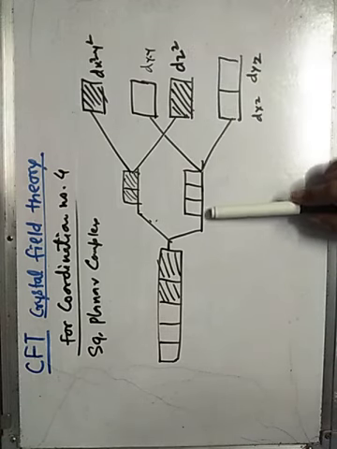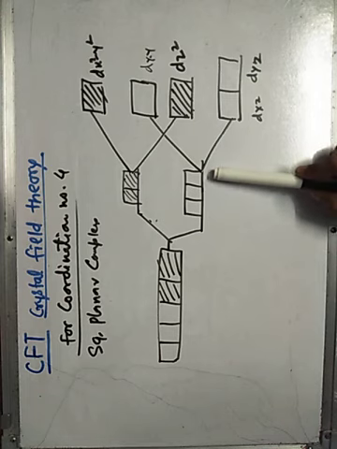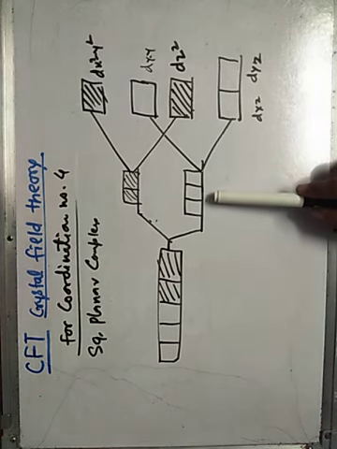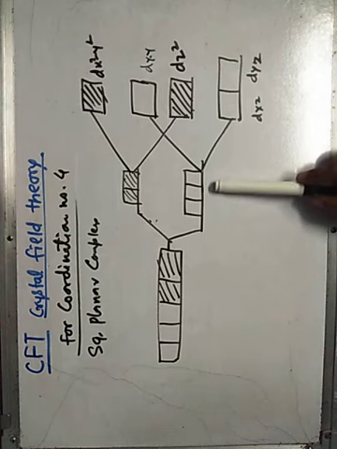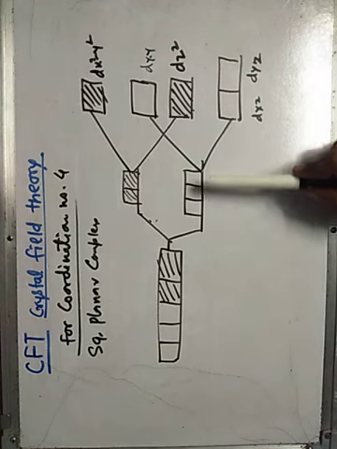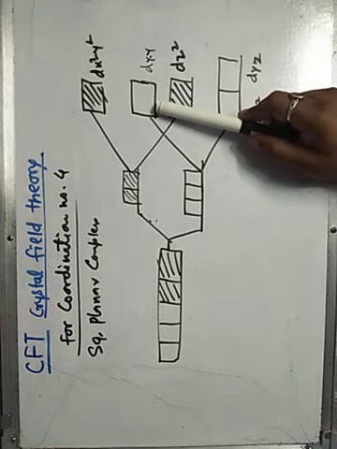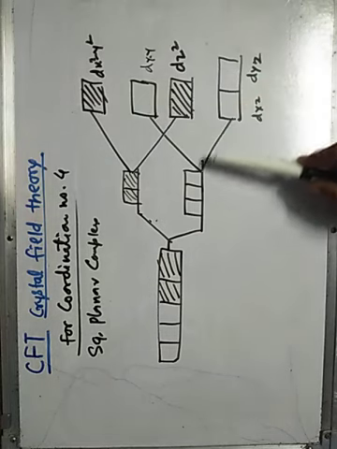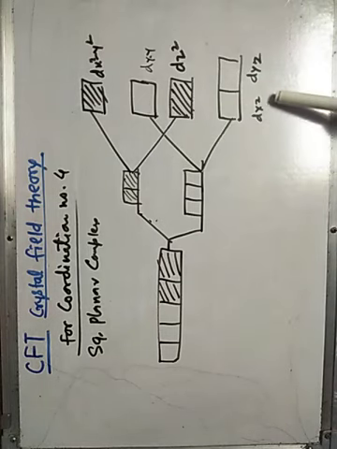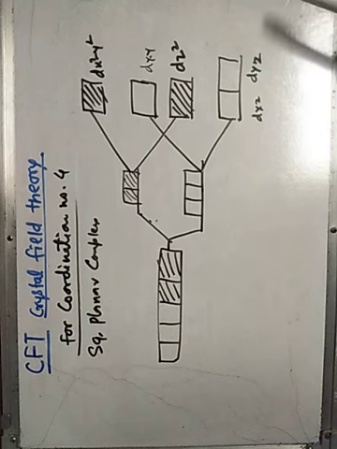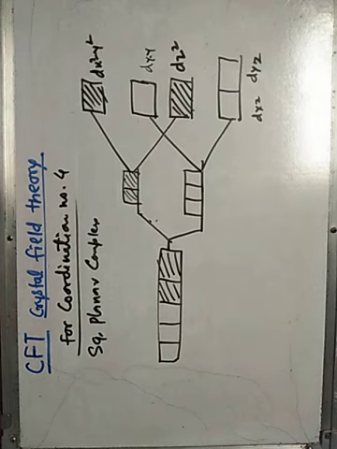In the level where dxy, dyz, dzx are concerned, one box goes upward, that is dxy, and the two boxes go down, that is dxz and dyz. So this kind of splitting is taking place in the square planar construction.